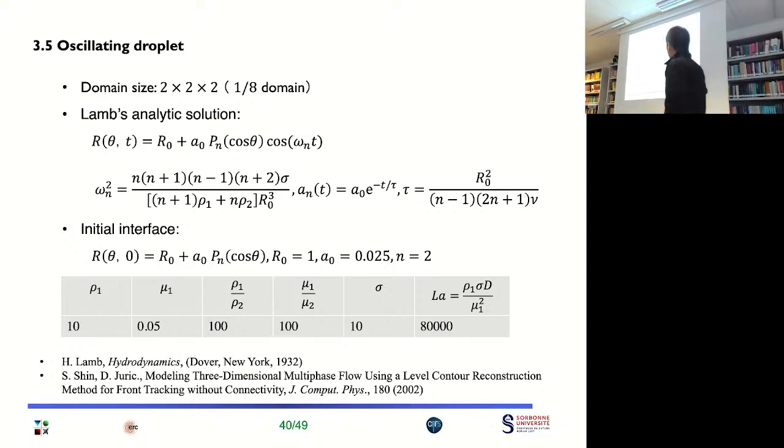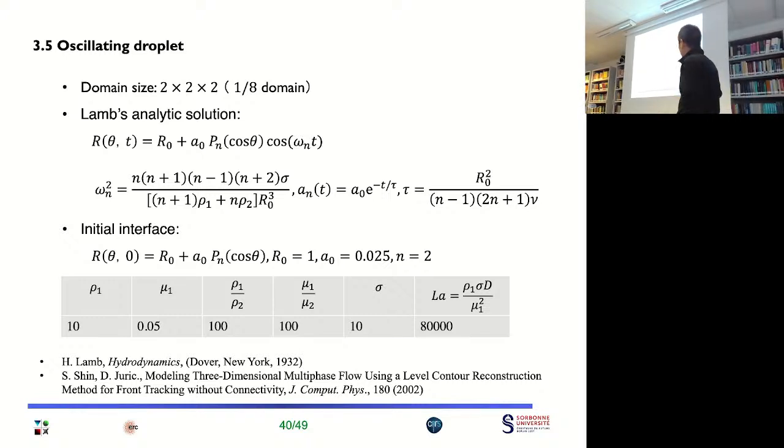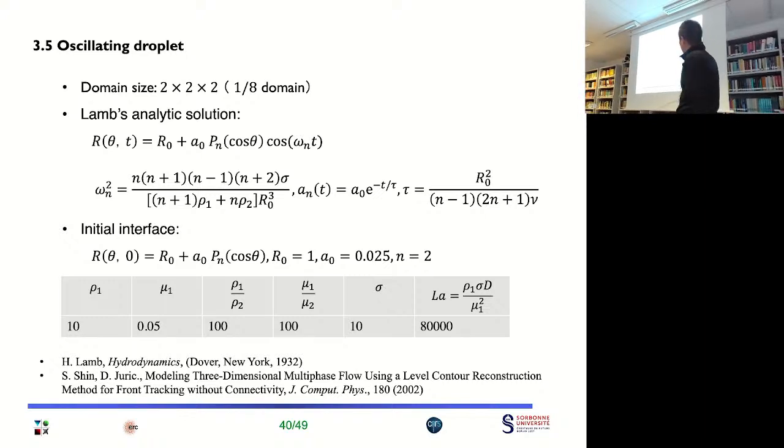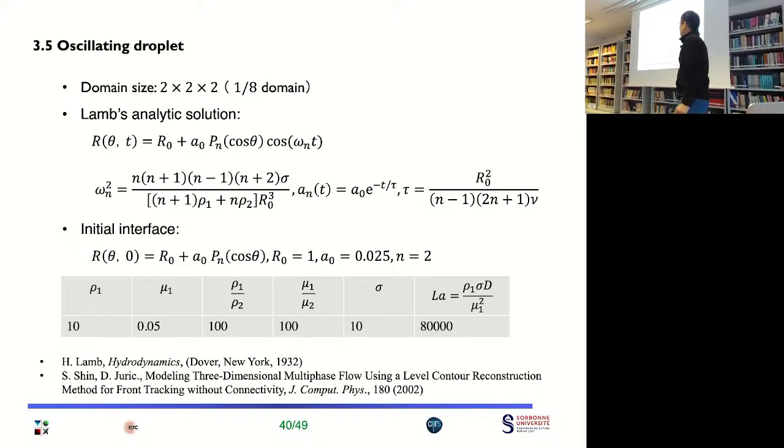And here are the formulae for the oscillation frequency and the damping time scale in Lamb's analytic solution. Following the setup in Shin's paper, we consider the oscillation regarding the second order Legendre polynomial.